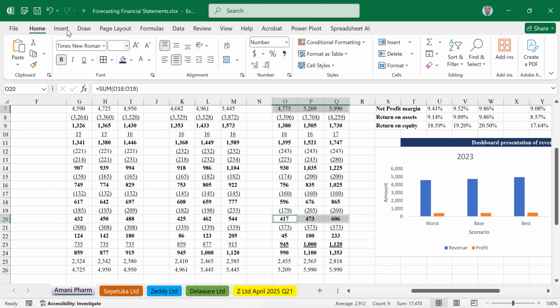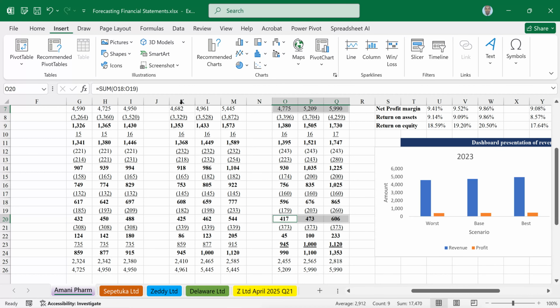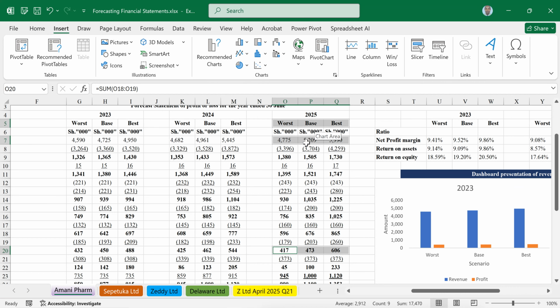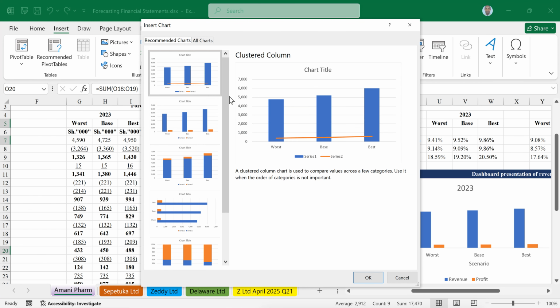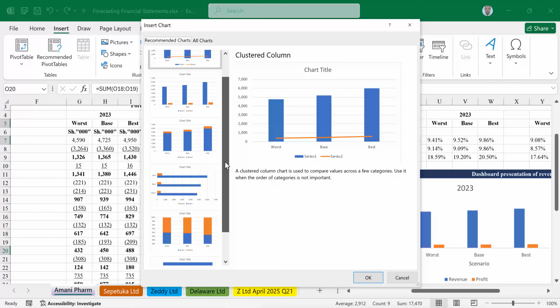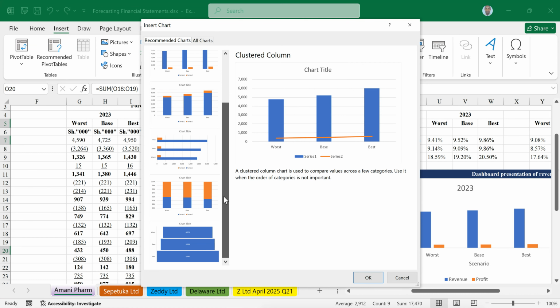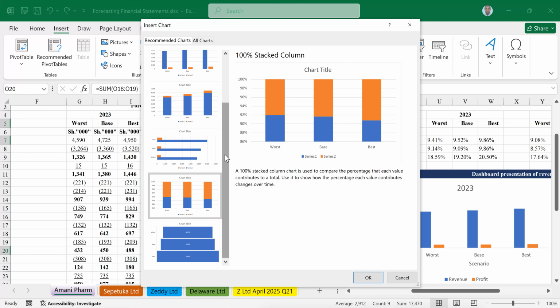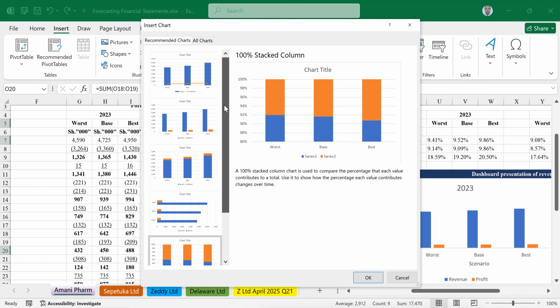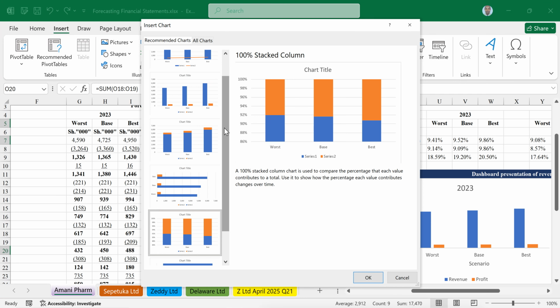Insert. You can see the way I've selected. Then insert recommended. We can go for this or any other chart.